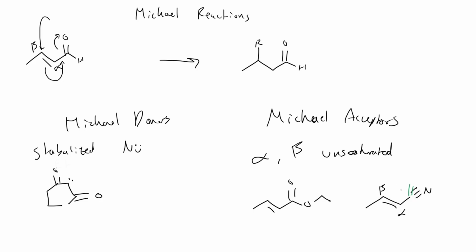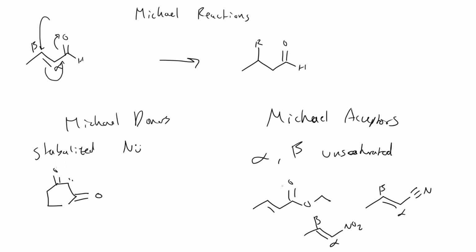Let's go ahead and get rid of that green so we don't confuse. And in that same vein, we have nitro groups, which tend to confuse some, but this also has that alpha beta unsaturated. So all of these are going to be excellent Michael acceptors.